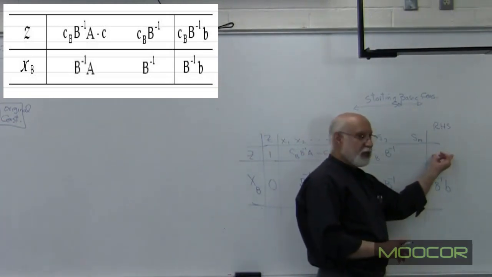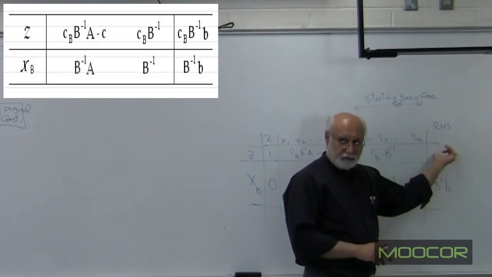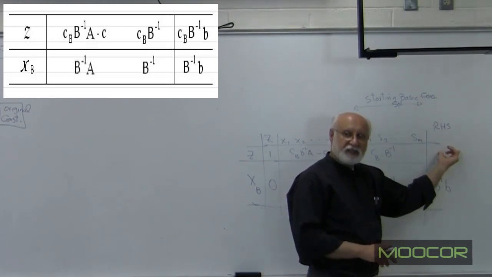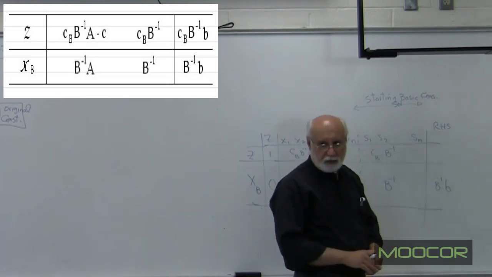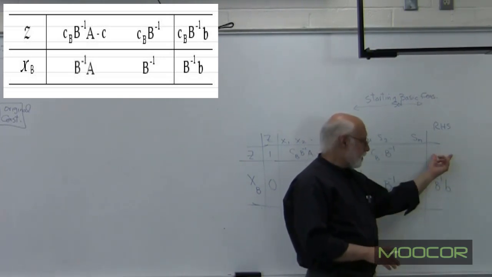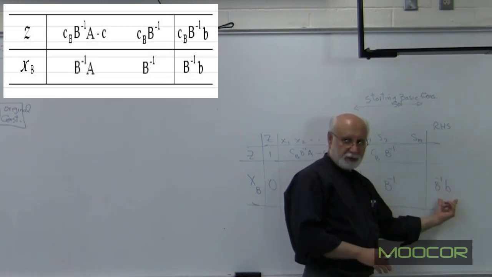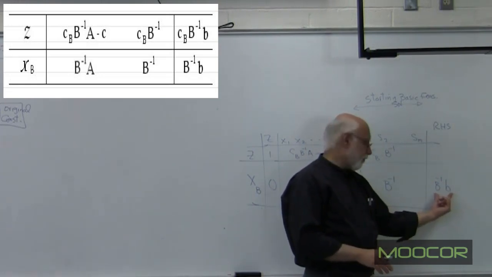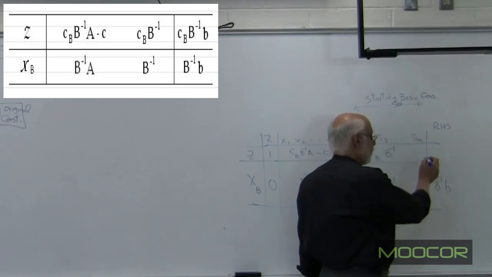The value in here, which is the value of Z, consists of CB times B inverse B.